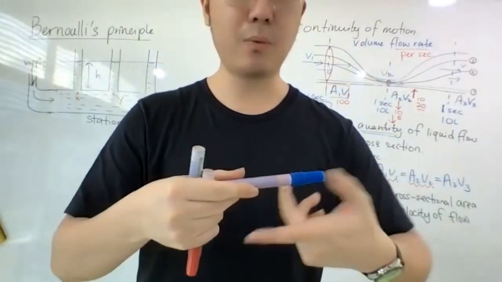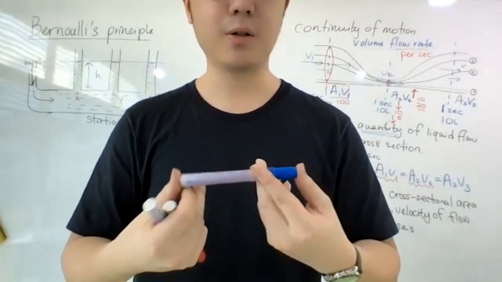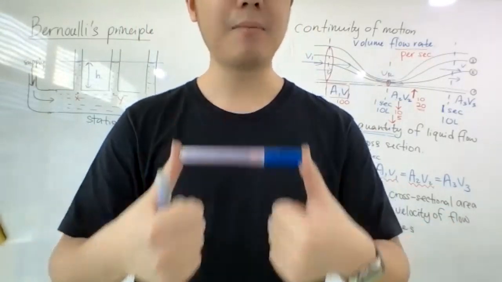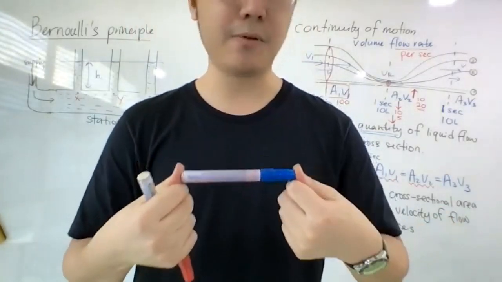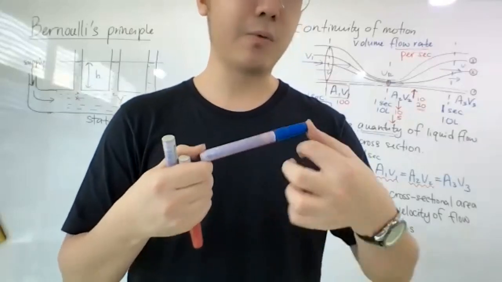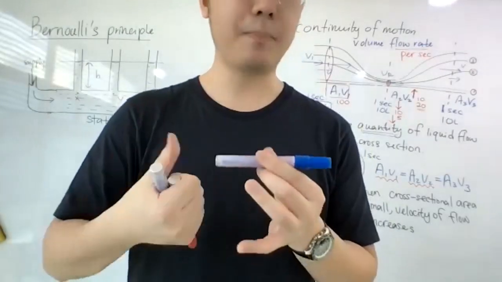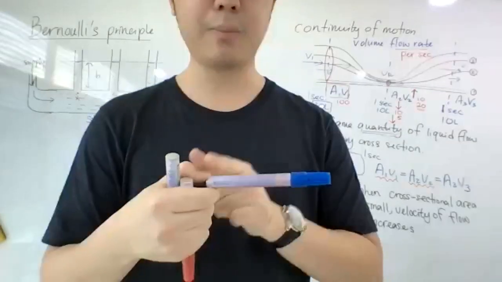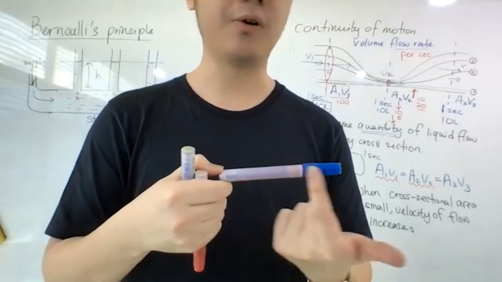You pump water here, you pump water here, the water cannot flow, right? So water will be still like this. If I apply pumps at two sides, that means the pressure is the same at both sides, there will be no flow of water. Only if I remove the pump here, and there's one pump here, then there will be a pressure difference. Higher pressure, lower pressure, water will flow here.